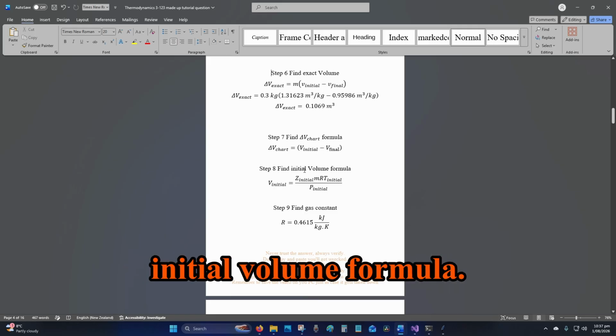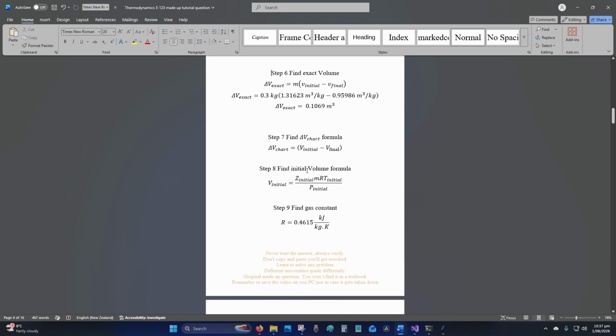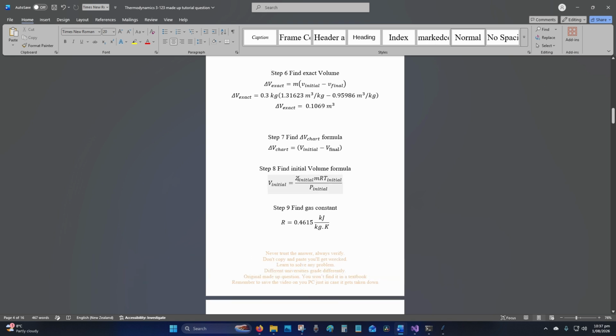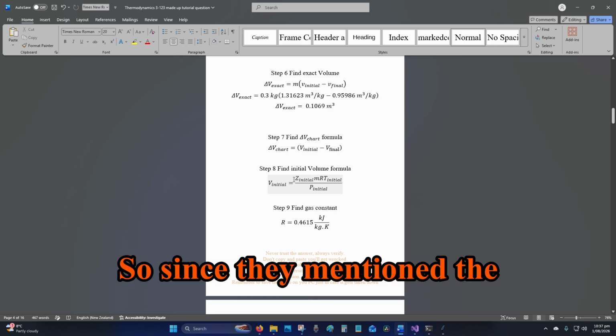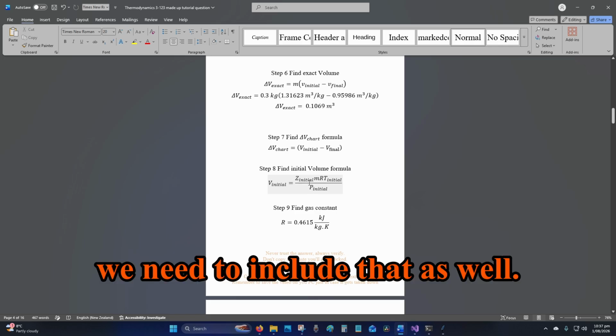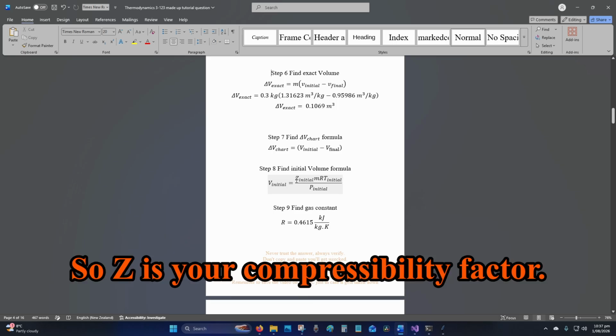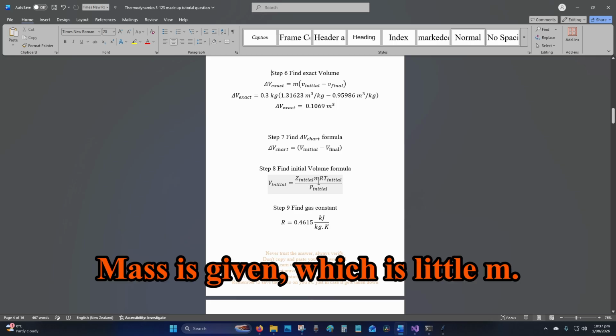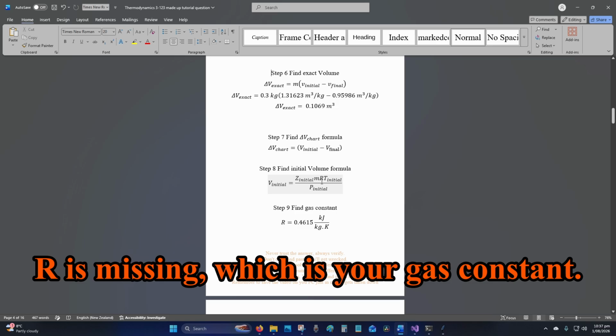Step 8, find the initial volume formula, and that's for the ideal gas. Since they mentioned the compressibility factor, we need to include that as well. So Z is your compressibility factor. That's unknown. Mass is given, which is little m. R is missing, which is your gas constant.